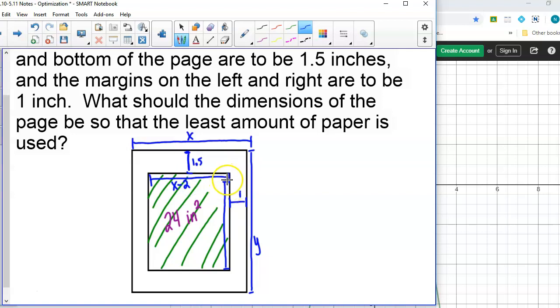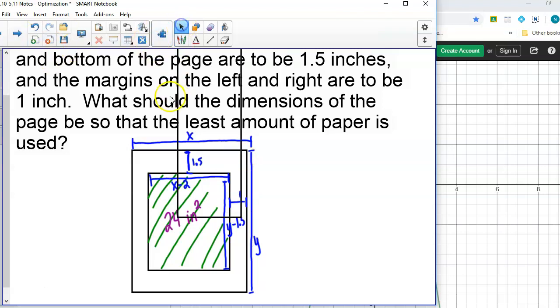So then, this part right here is going to be y minus 1.5. Let me ignore that, it's not cooperating.